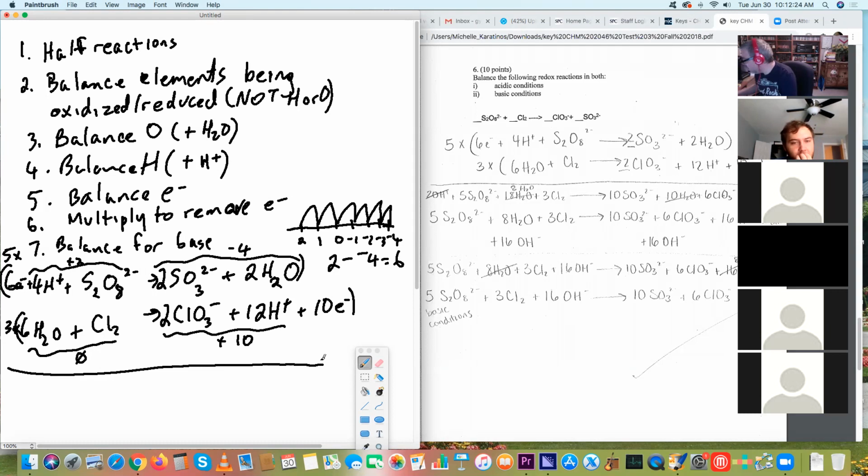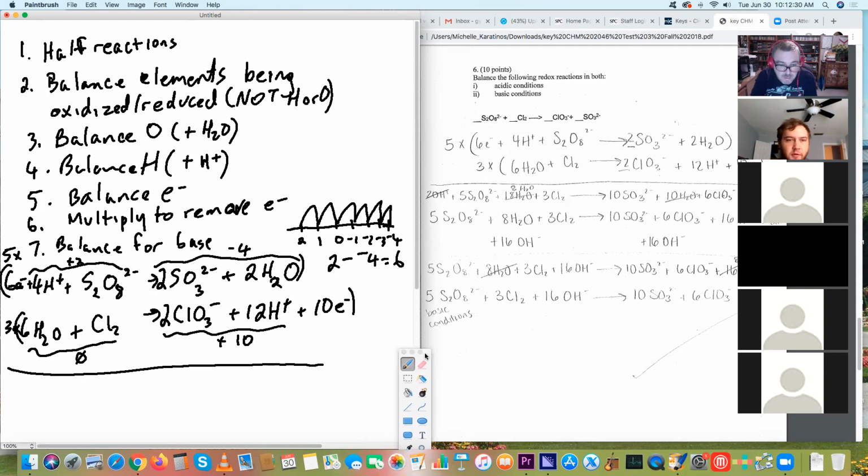Is it just to get the same amount of electrons? Well, the whole point with the redox process is that something's giving up electrons and something's taking them. In this case, it's the bottom reaction that's giving them away and the top reaction that's accepting them, because the bottom reaction is the oxidation and the top reaction is the reduction.